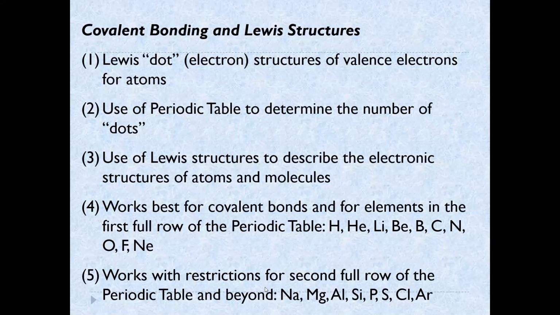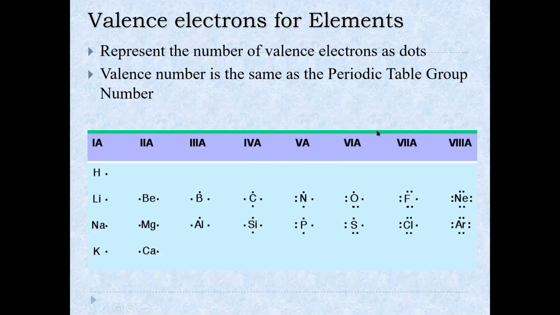But the second full row has some restrictions, and that is when we start talking about the exception to the rule. So now let's look at this. This is just what I've said before. The number of valence electrons are represented by dots. Somebody is asking, how do we find valency of transition elements?